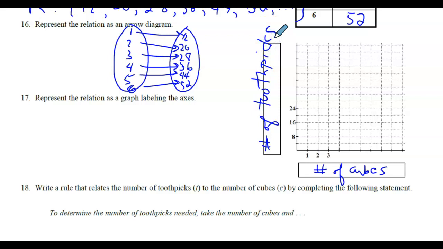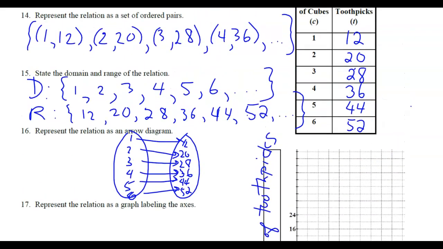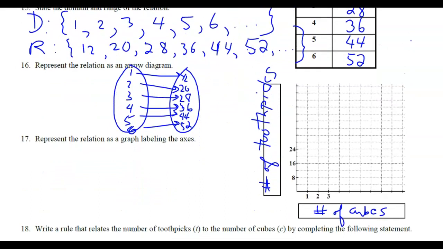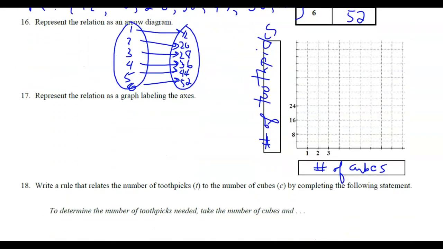What was it? It was 1. So take a look here. We started at 12, right? So 1 was 12, 2 was 20, 3 was 28. It's hard for me to make a nice dot.